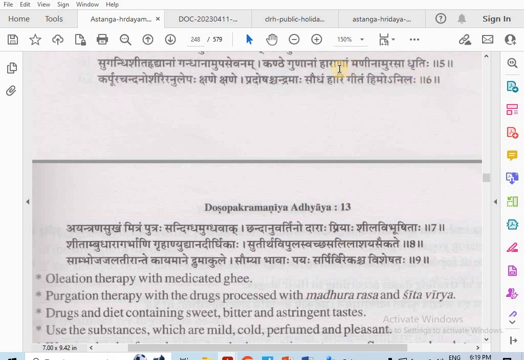So wearing beautiful garlands full of gunana, qualities, made of maninam, with gems, up to urasa, the chest. So we should wear that kind of garland made of gems till the chest. Dhruti means we should wear.